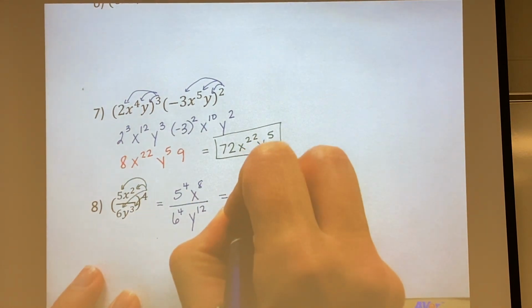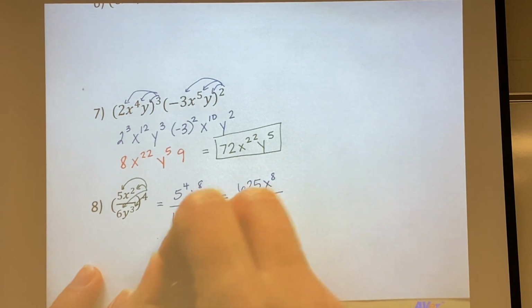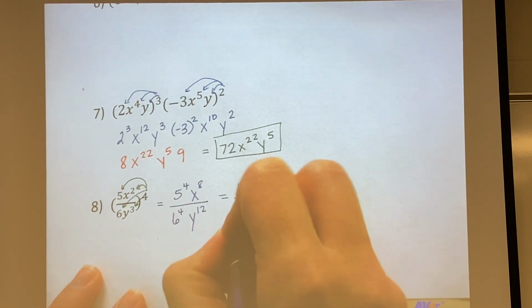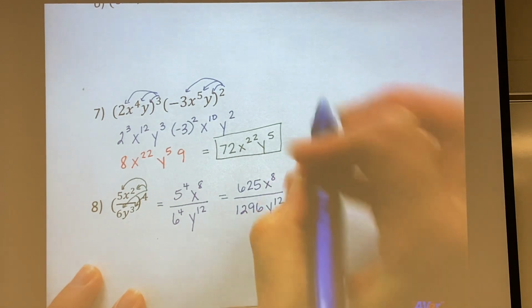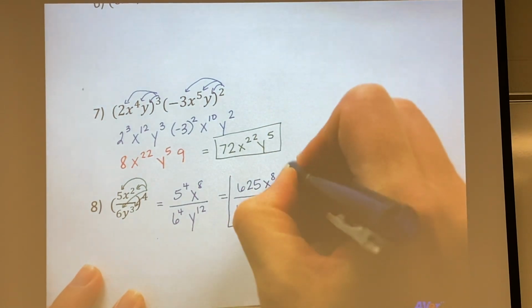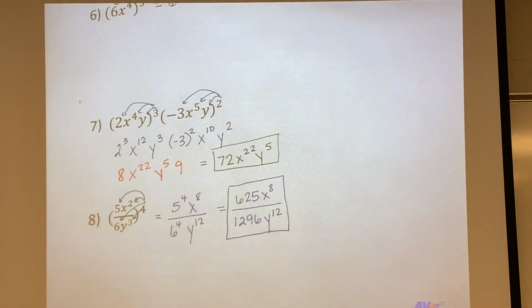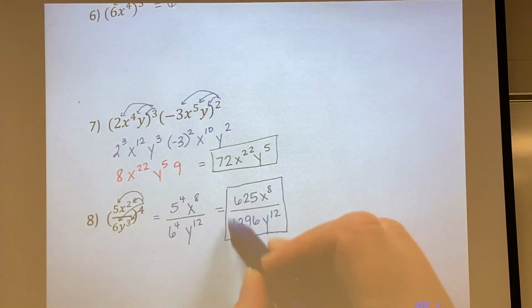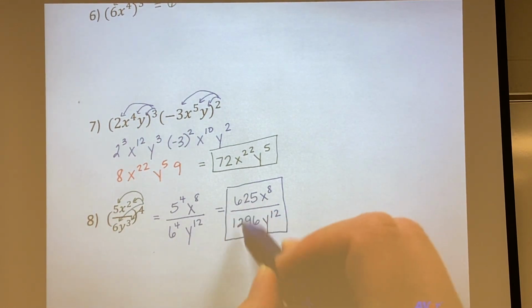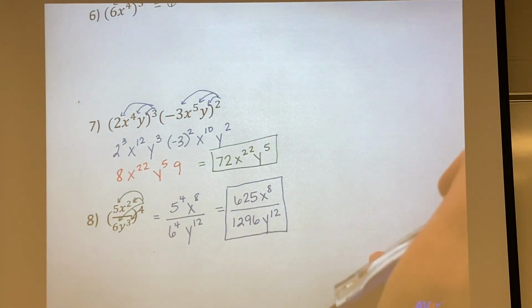So that's 625, x to the 8th, and 6 to the 4th is 1,296, y to the 12th. Now we would want to check to see if there's anything that can be reduced with these coefficients, any like terms. There's not on this one, but definitely want to check that.